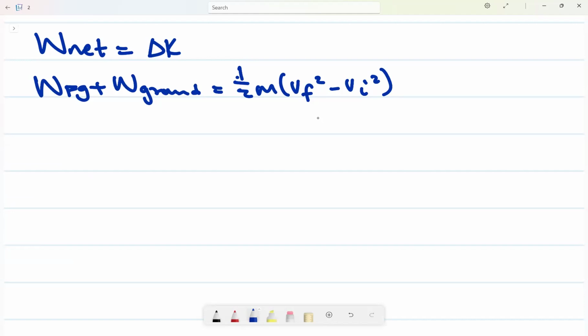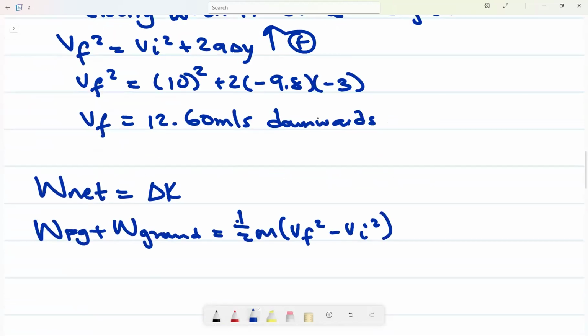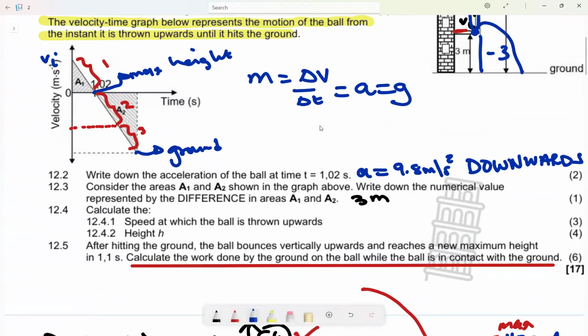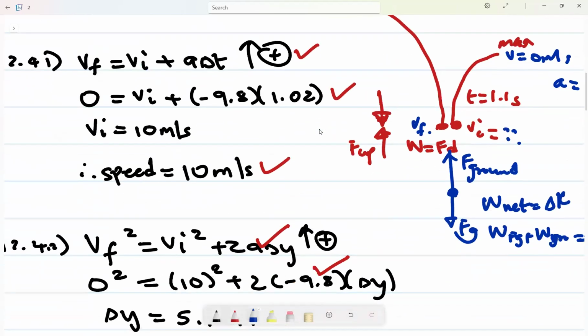And now we need to know the direction. Changing d. I also note, okay, the distance here, this one traveled, it is how much?